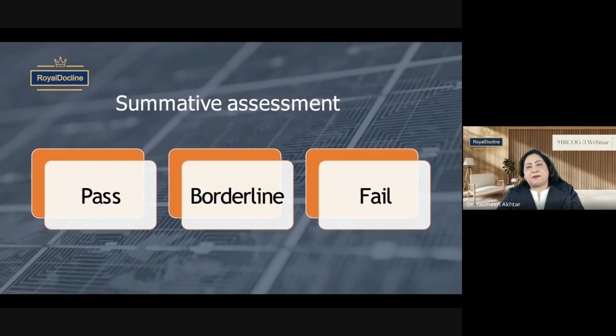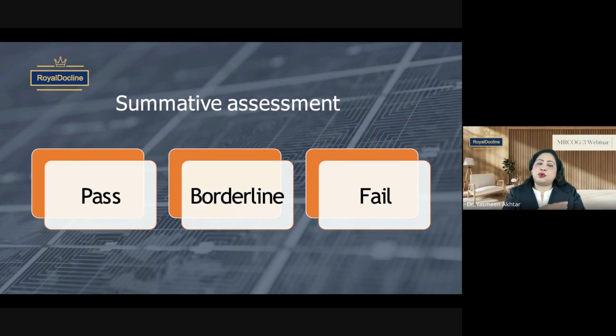Then remember the result. You all know there are 2 types of assessments: a formative assessment and a summative assessment. Summative assessment is the final assessment, which means either you pass or you fail. However, in between the 2, there is a borderline. Before, in the older exam, we were giving marks like 0, 1, 2, 3, 4, and 5.